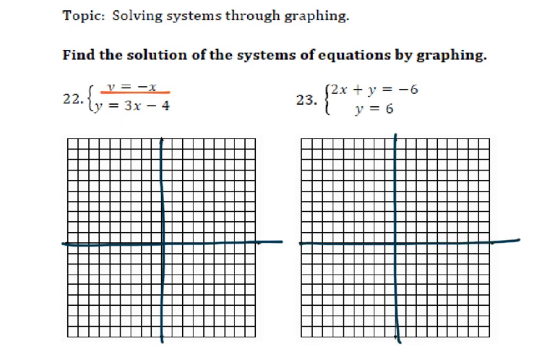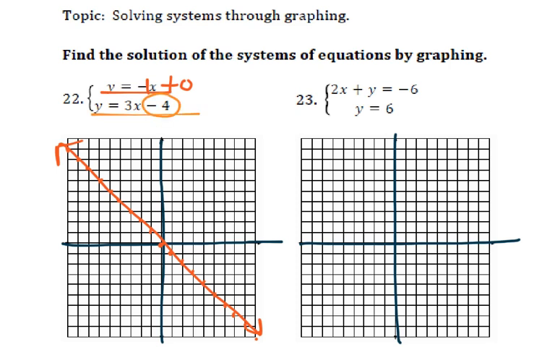So this first one, y equals negative x. That'd be like plus 0, right? So we start at 0. Negative x is like negative 1, so we're going down 1 to the right 1. So like this. Or the opposite direction, right? So there's that line. There's our first one.